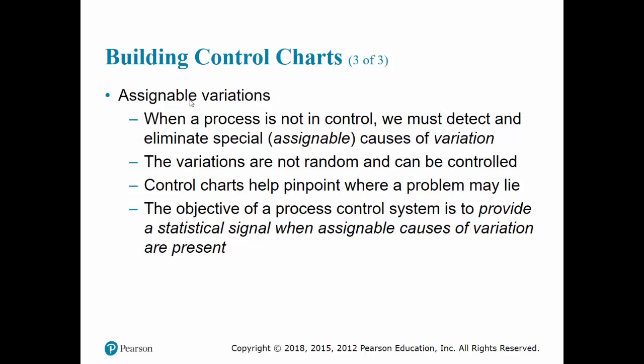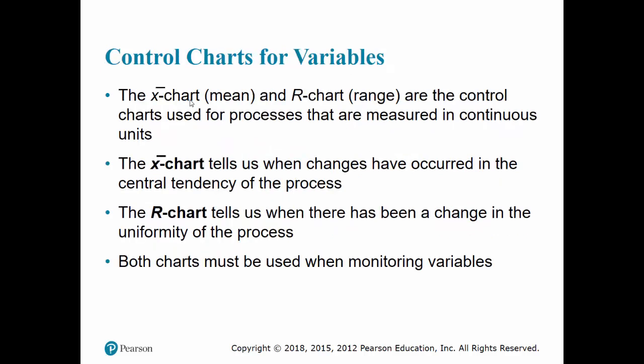A process not in control needs intervention. So control charts help us identify whether a process is in control, meaning there is only natural variability, or whether the process is not in control, which means that we detect some assignable cause that needs to be fixed.